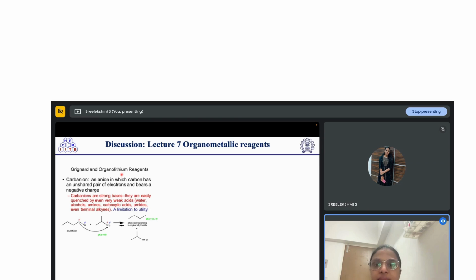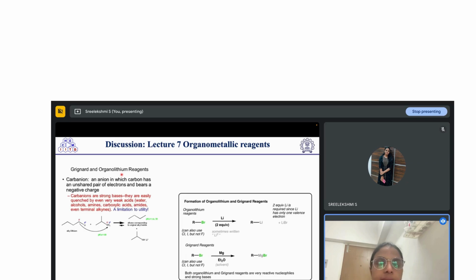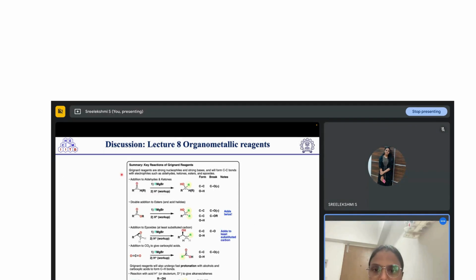These were the basic things we saw in last week's lectures. Here I have given how we can prepare organolithium and Grignard reagents, by the reaction of alkyl halides with lithium or magnesium to give organolithium or organomagnesium compounds respectively. Both are very strong nucleophiles and very strong bases.